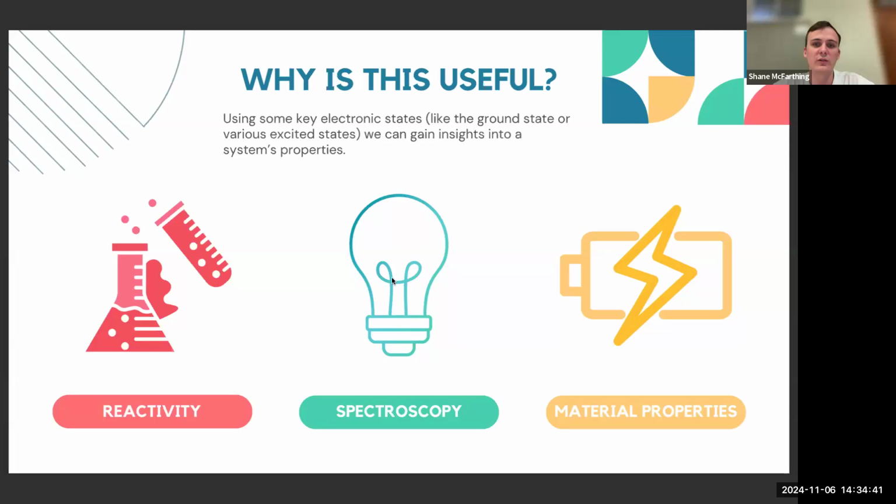And then you would try to find that specific stationary state that you're looking for, let's say the ground state. And once you found that ground state and you've formulated the density matrix for that specific quantum state, you can do investigations into properties like the reactivity.